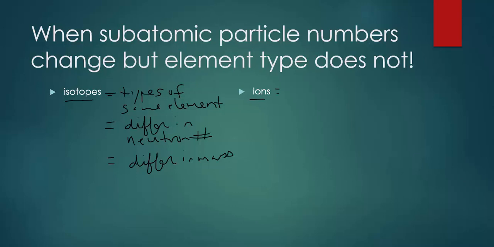Well, ions are charged particles. So, it's a charged particle. Protons have a charge, but protons can't change. Neutrons don't have a charge, so that isn't going to make an ion. Electrons have a charge. So, in order to make a charged particle, you have to be either gaining.